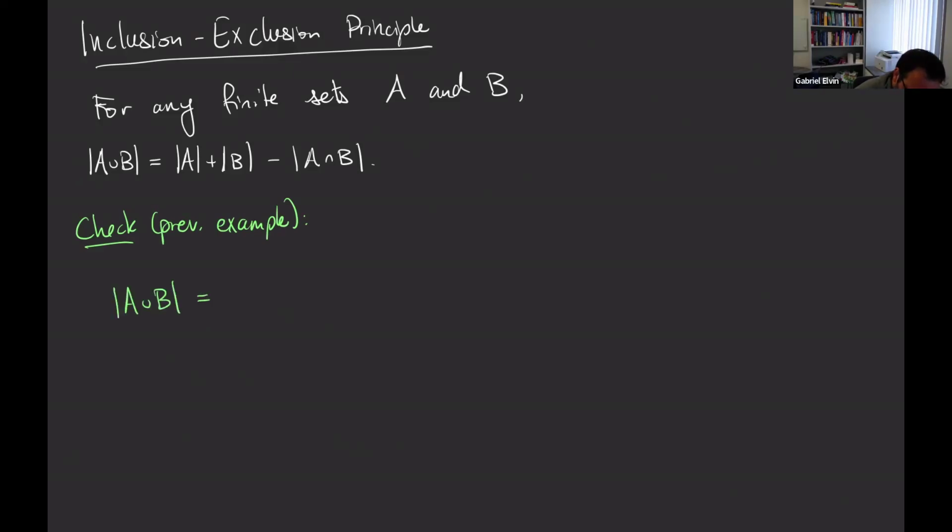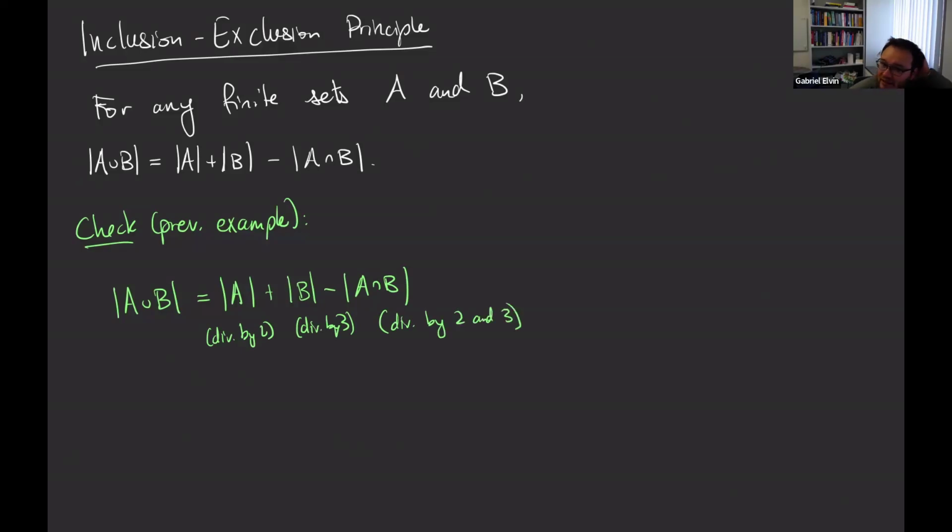The size of A union B, the size of A, size of B. Remember, these are the things divisible by 2, divisible by 3, and this is divisible by 2 and 3 because it's in the intersection. So that would be 10 plus 6 minus 3, which is 13. All right, cool.